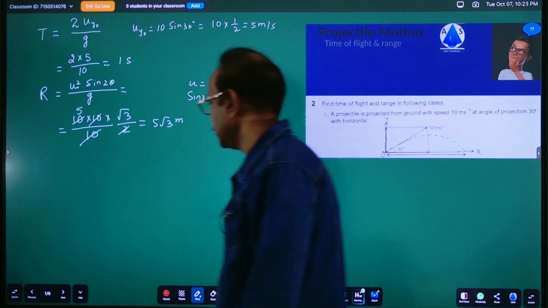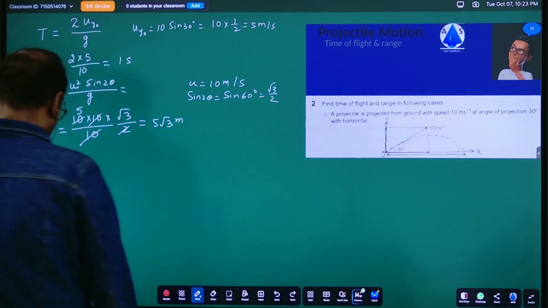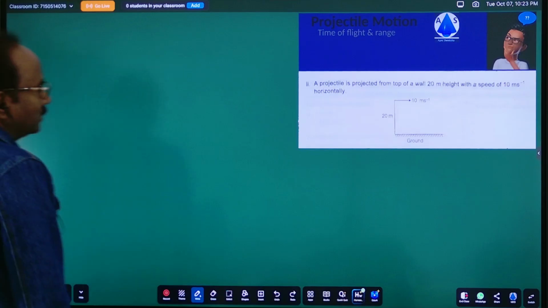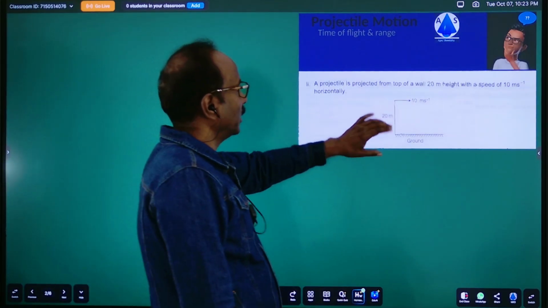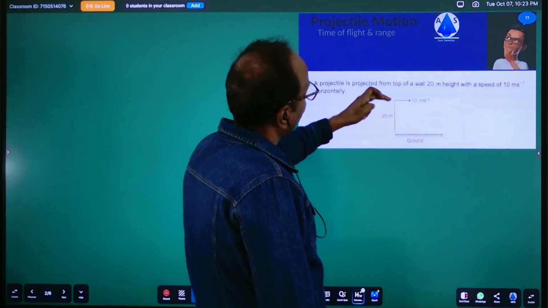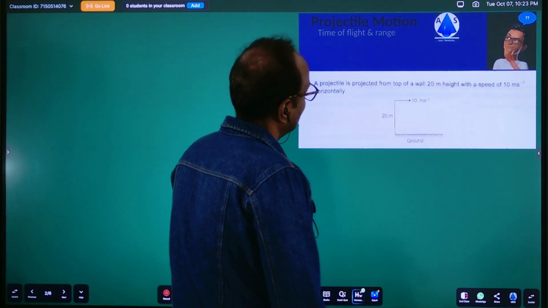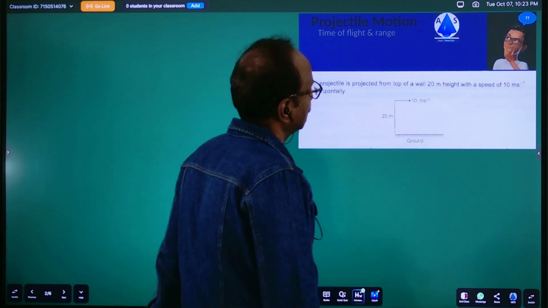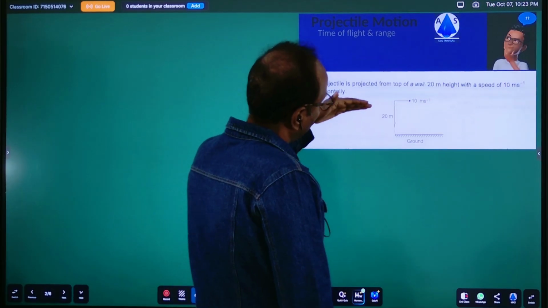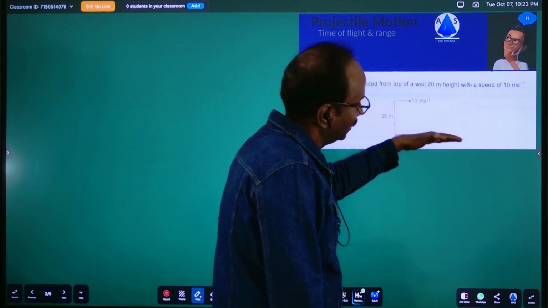Now the next one, when the projectile is thrown from the top of a wall, the wall height is 20 meters, and it has been thrown parallel to the ground.